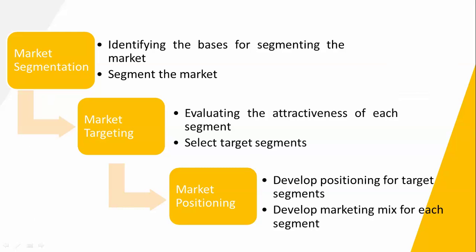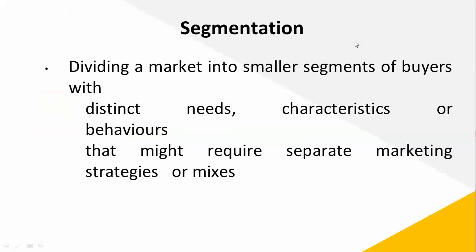Then we go to the next one. We are going to discuss the STP process one by one, right? So the first one is segmentation. What you are doing is dividing the market into small segments of buyers, right? So you have a large heterogeneous market and you are dividing it into small sets of buyers.